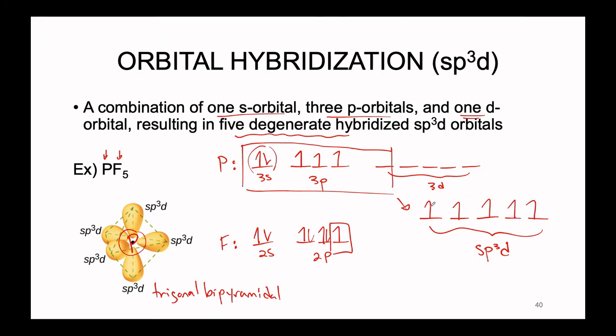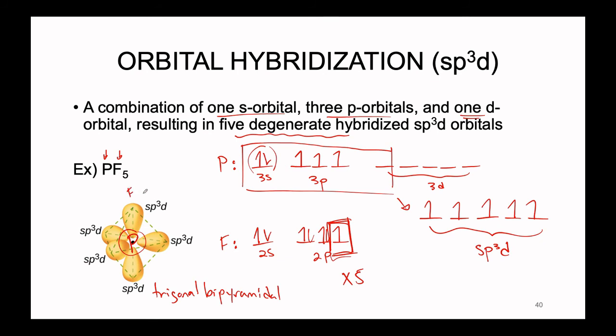We now have 5 equivalent unpaired electrons in phosphorus's hybridized valence shell in order to partner and pair with all of the fluorine's single unpaired electrons. Since we have 5 fluorines, we have 5 unpaired electrons here. And around our central phosphorus, we can see we have 5 unpaired electrons here.